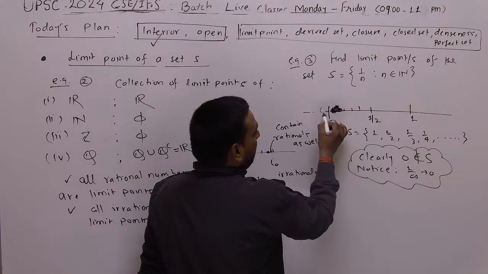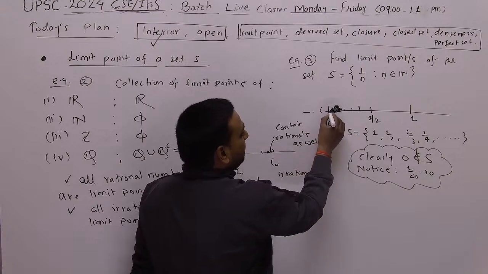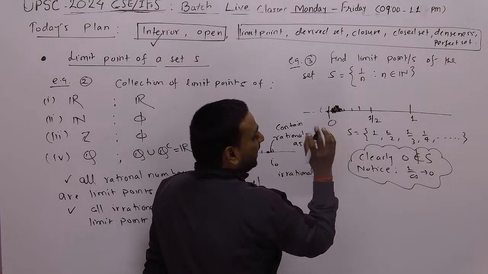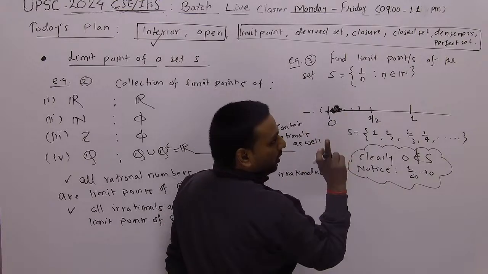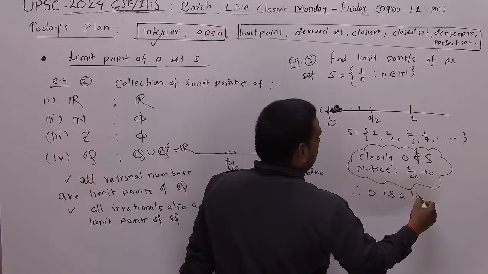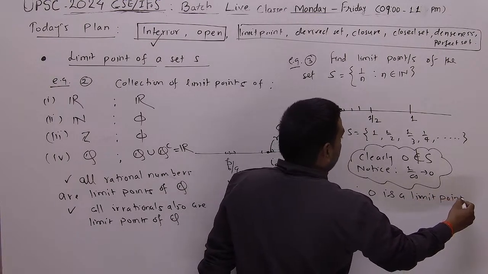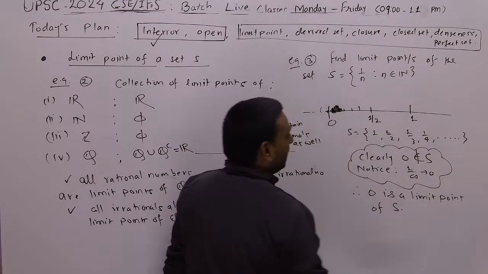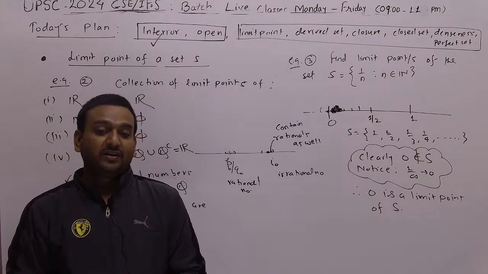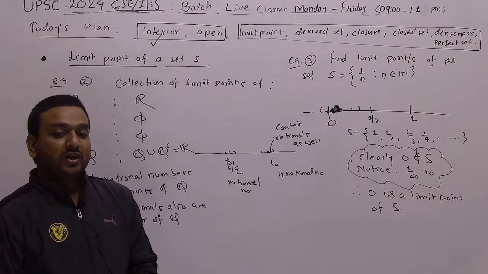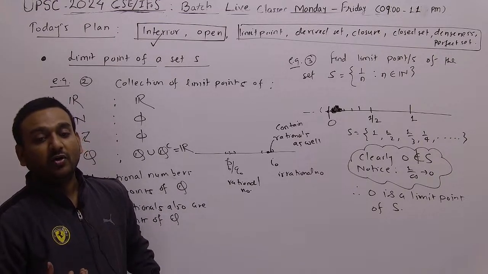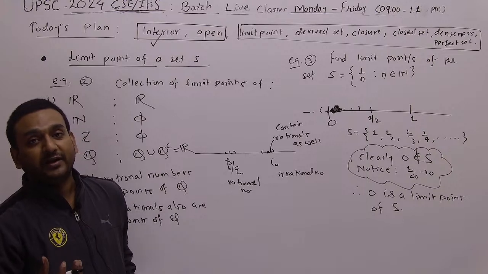Now you take a ball centered at 0. So it will contain at least one member of S or not. So 0 is a limit point of S. No other than the 0 is a limit point. कौशल, शिकू, 1 कैसे लिमिट पॉइंट बन सकता है भाई? बोलो, how 1 can be a limit point?